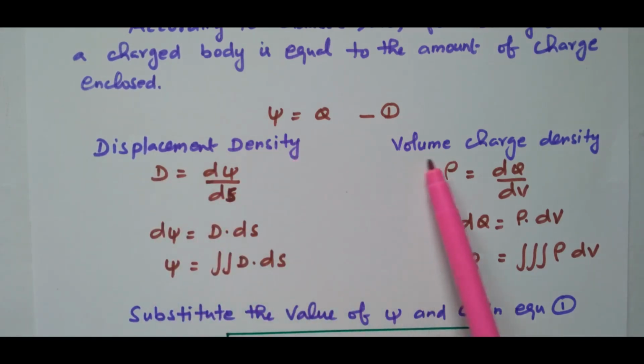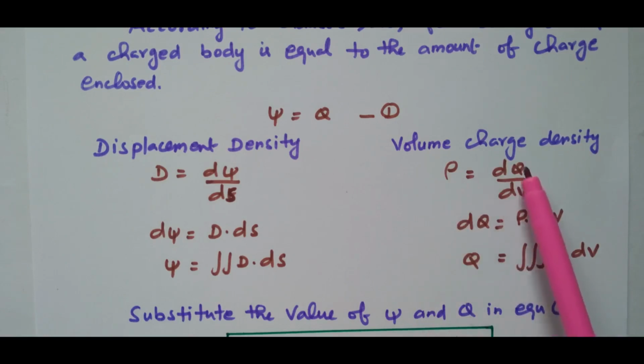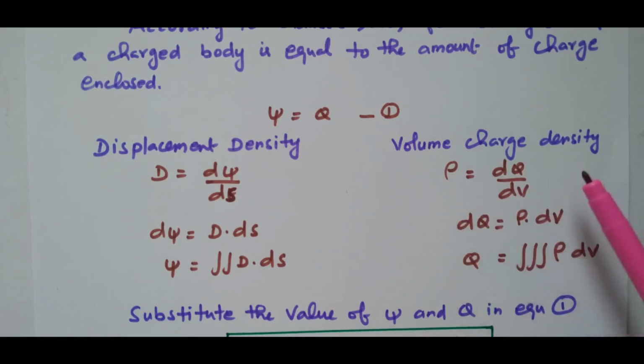Similarly, the volume charge density rho equals dq by dV. Volume charge means charge per unit volume. Cross multiplying, dq equals rho dV. By integrating on both sides, q equals triple integral rho dV, because of volume we have a triple integral. Now we have the expressions for psi and q.